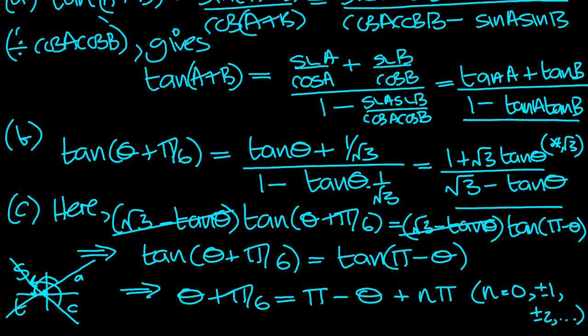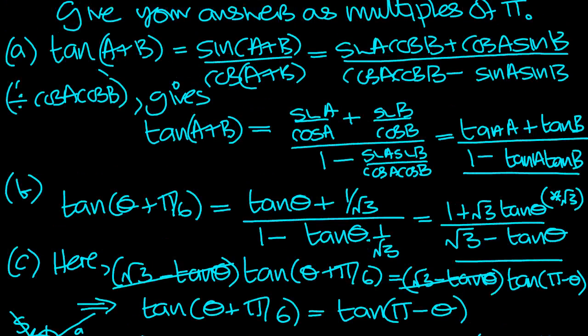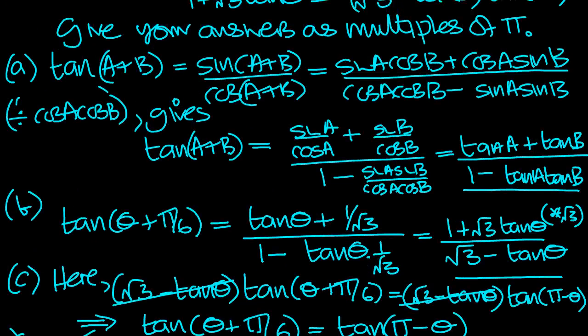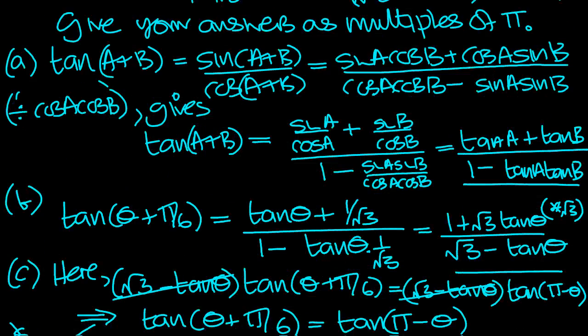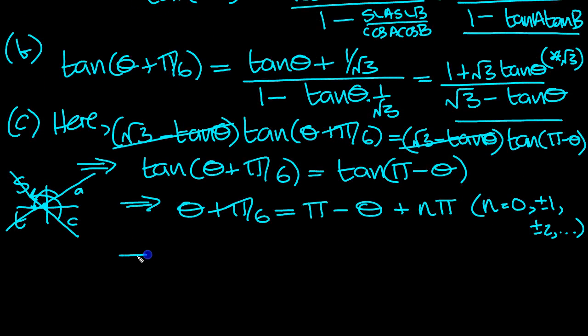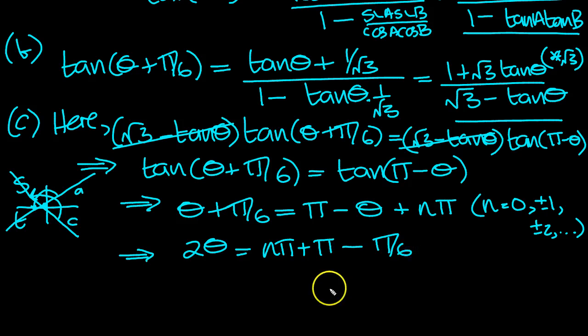And from these we'll get the solutions then, won't we? Because our range for theta from the question is between 0 and pi. So that tells us then, move the theta over, 2 theta is equal to n pi plus pi minus pi over 6.